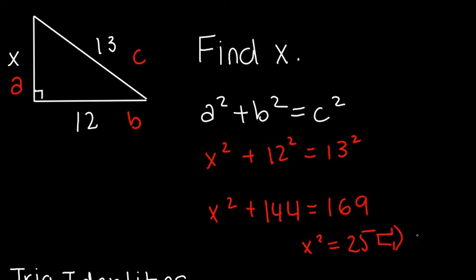We get plus or minus 5. But as we can see here, it has to have a positive length. So that means that this negative one is an extraneous solution. It doesn't work. So we know that x is equal to 5. So we found our value. And if we were to plug in 5 for x, then we would have a valid right triangle.